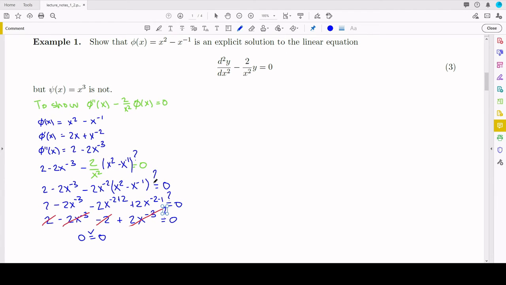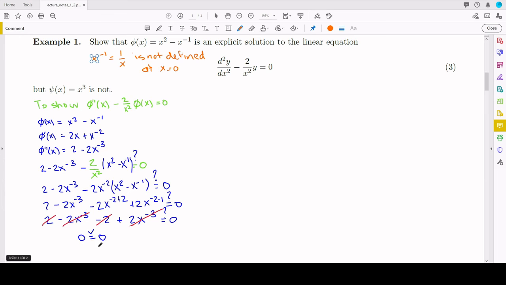Now, to figure out where it's a solution, so this is an identity, we have to see where the original function is defined. So one thing to notice is that when you have x to the power negative 1, that's the same as 1 over x, and this is not defined at x equals 0.